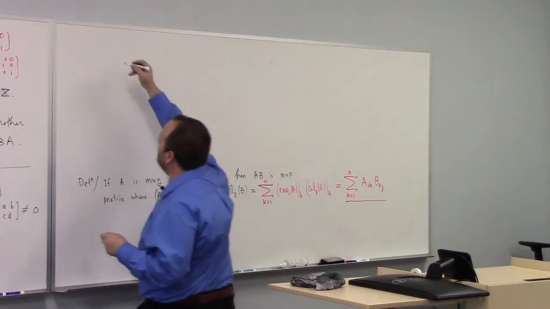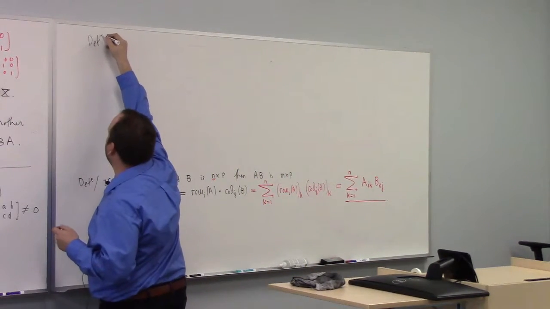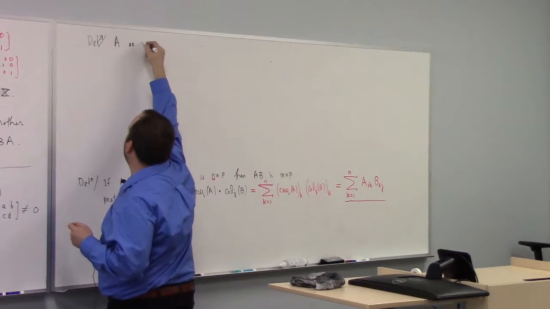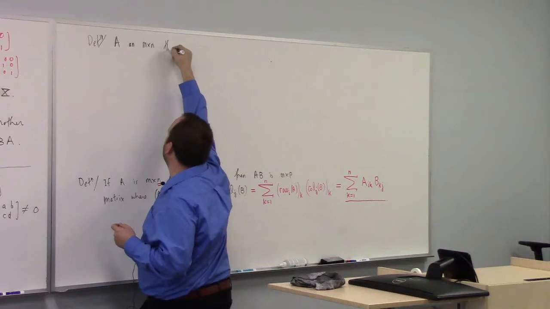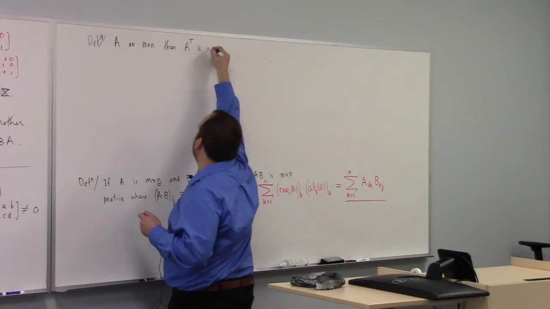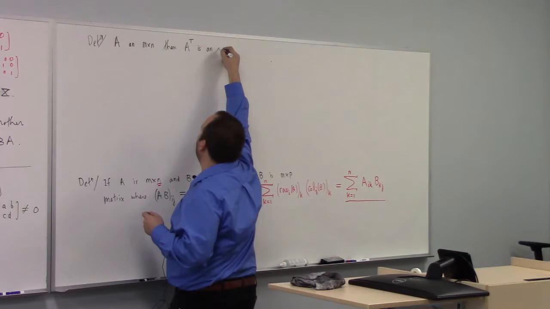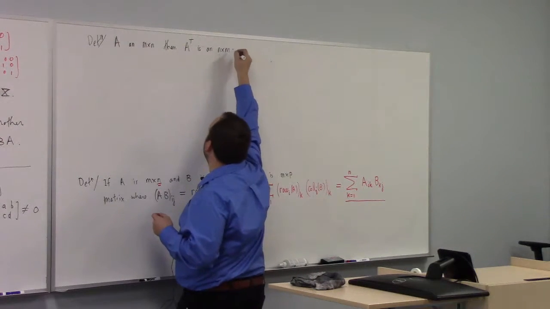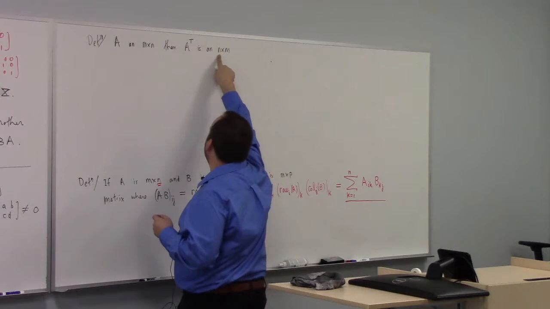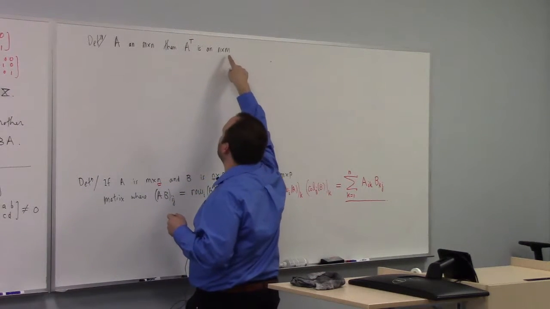But another definition, just to be clear: if we have an m by n matrix, then A transpose is an n by m matrix. So this is m by n, this is n by m.